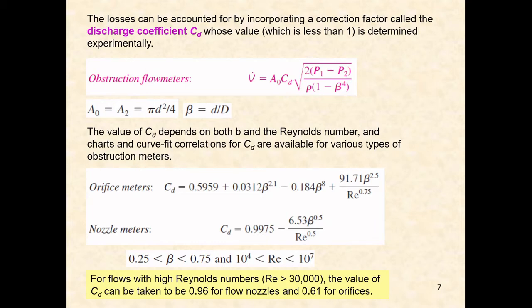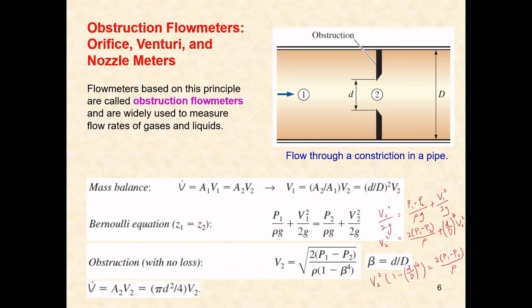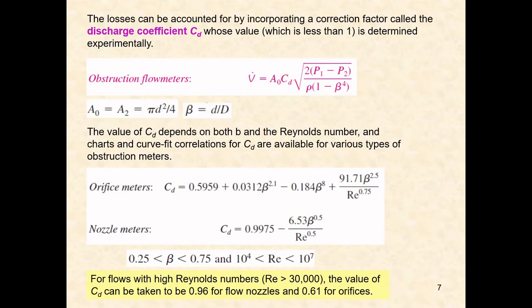So if we want to find the CD value, we have to conduct an experiment. The flow rate equation with A2 and V2 will be in this form, but with the additional CD as a correction factor.